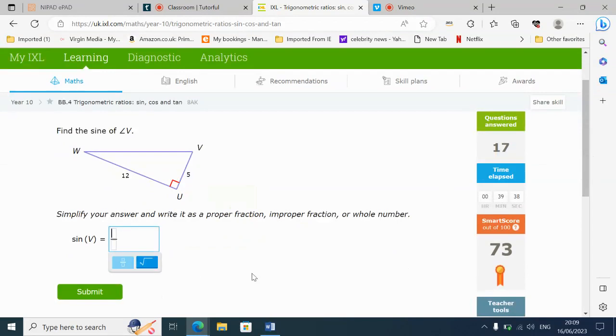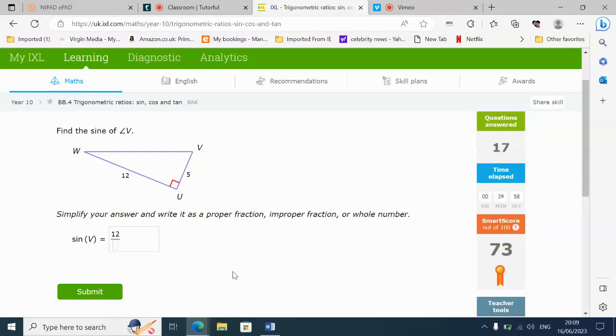Sine again? So sine B would be opposite over hypotenuse. So opposite is 12 and hypotenuse is missing.